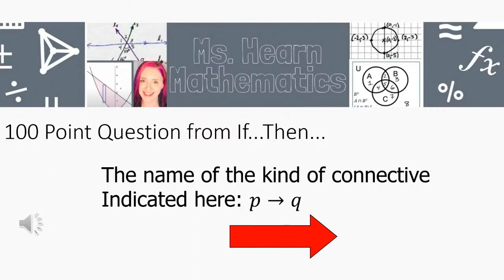A word that starts with C, that means the if then kind of statement. There was the conjunction, the disjunction, the negation, and then this.